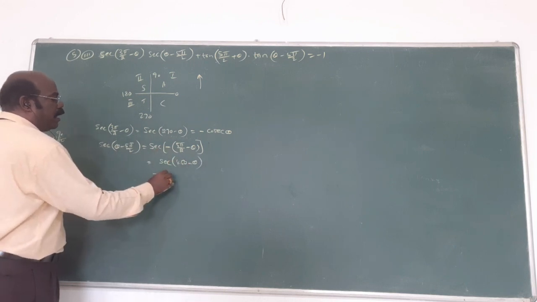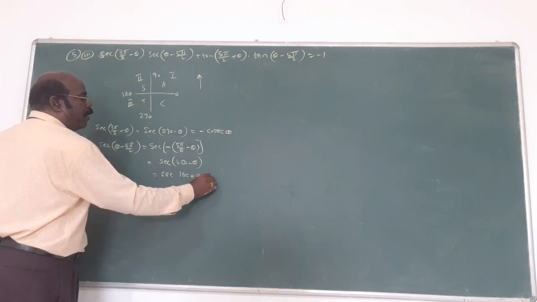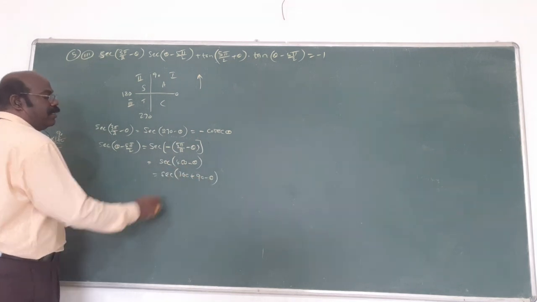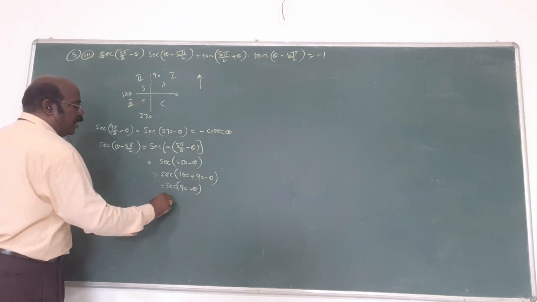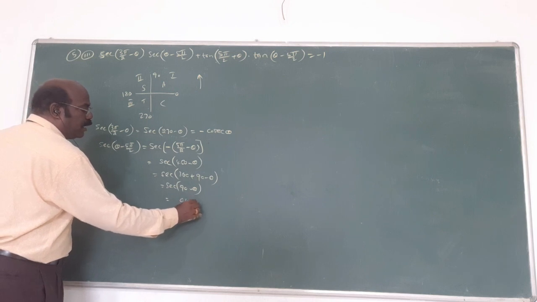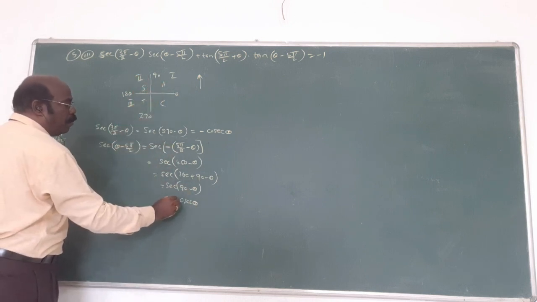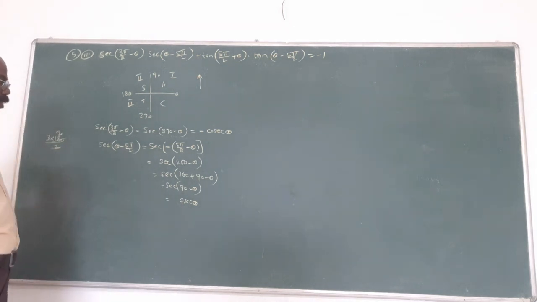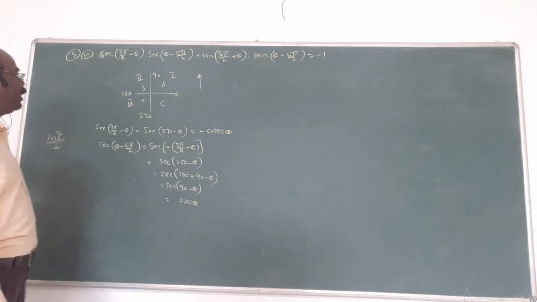This can be written as 360 plus 90 minus theta. 360 becomes 0, so secant of 90 minus theta. With 90, secant becomes cosecant theta. In the first quadrant all are positive. The first one is minus cosecant theta, the next one is only cosecant theta.